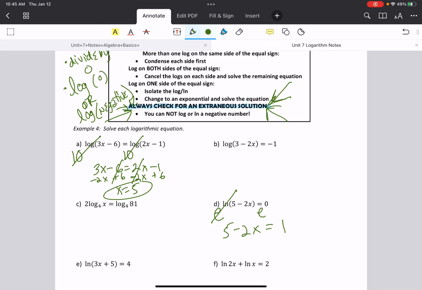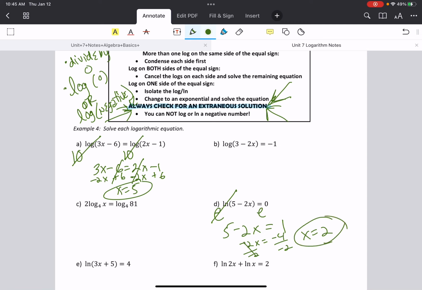Let's just pause here, make sure this makes sense. Now I can move the 5 over and divide by the negative 2, and I get x equals 2.